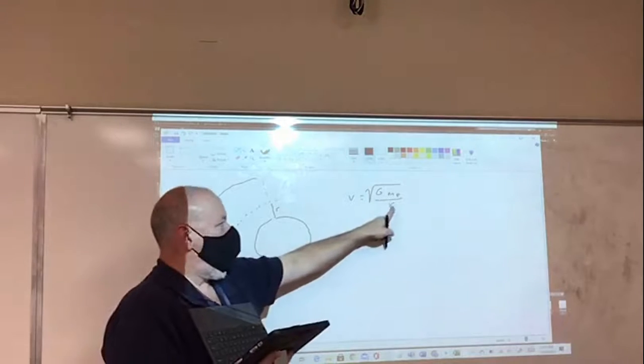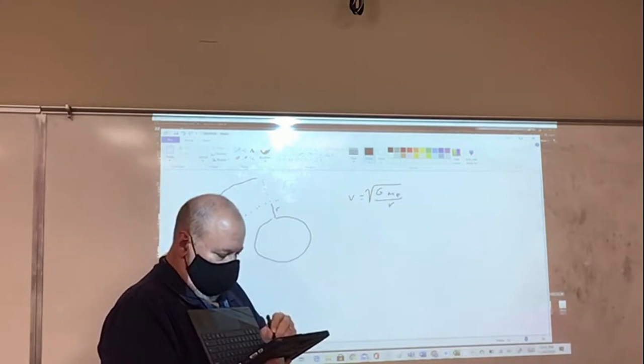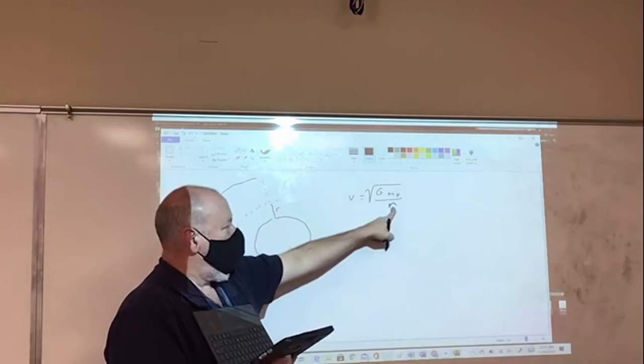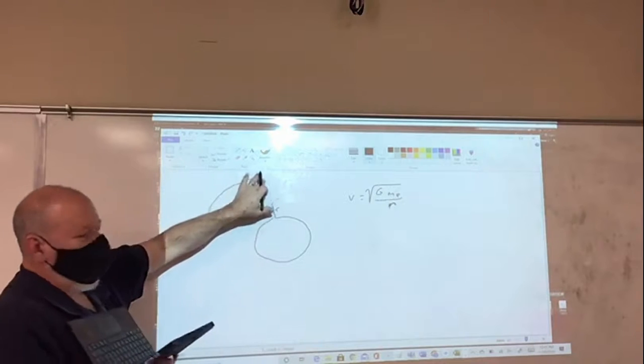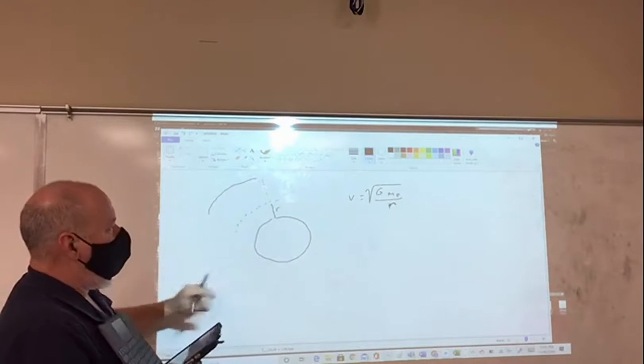You can see that the velocity is inversely related to R, so it should make sense. The greater the radius, the less the velocity that I need to stay in orbit.